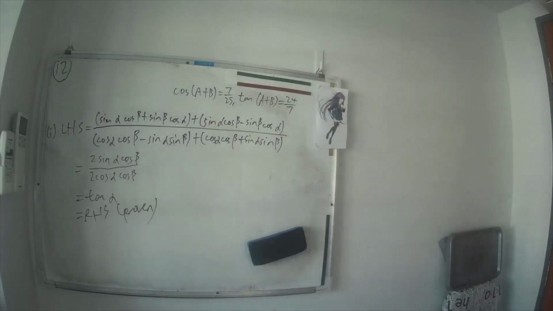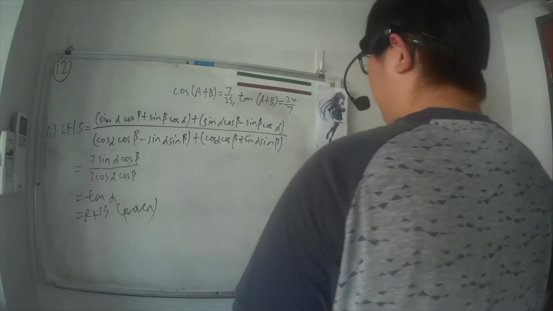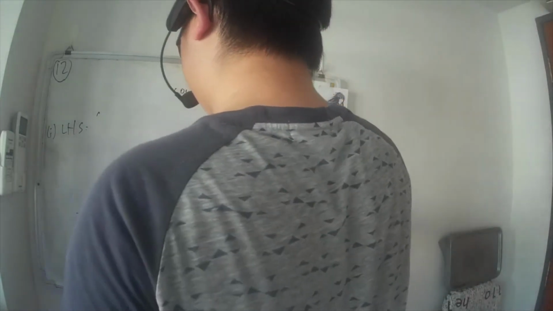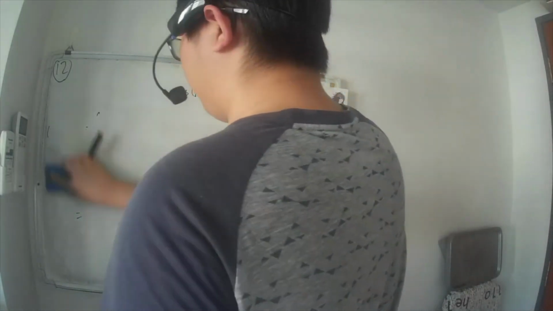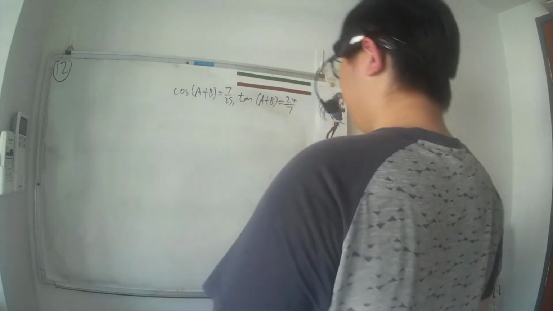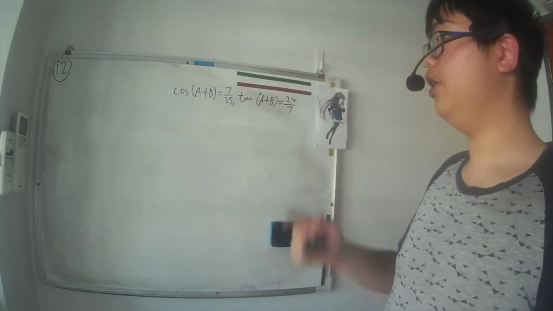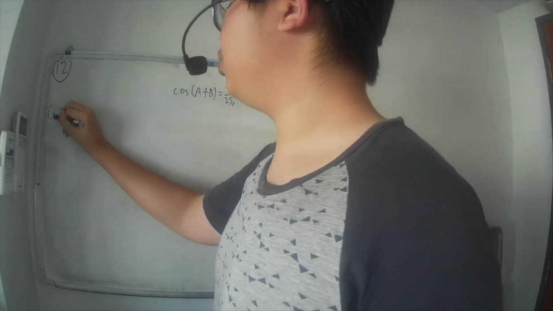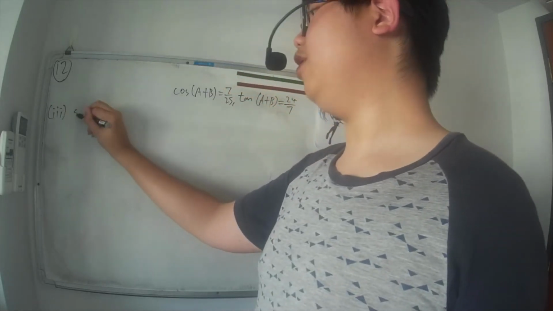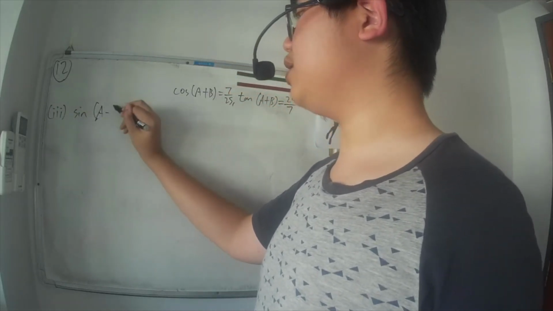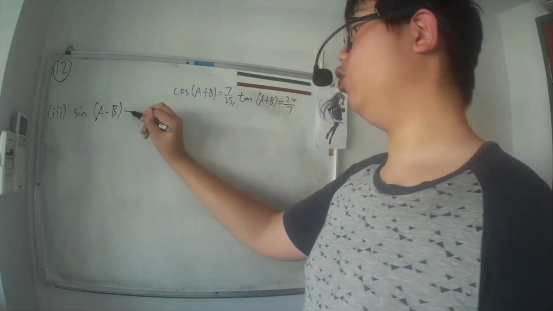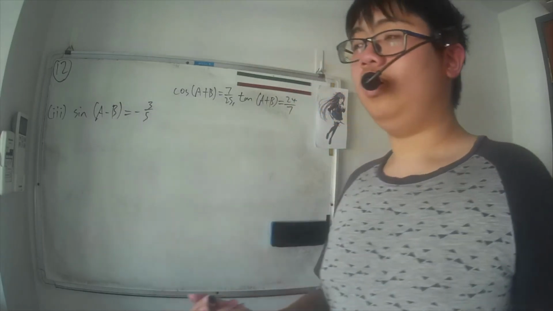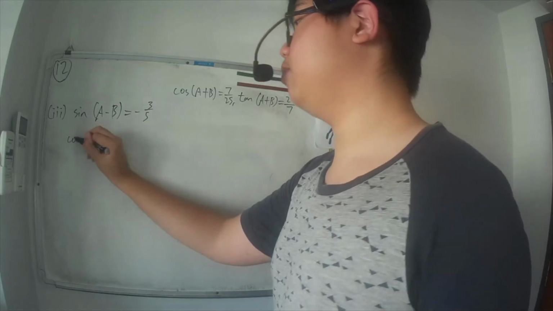Okay, so to do so, I am going to clear my board here, and I'm going to write down here. You can see that I've written stuff for your next parts. So part 3, given that sine of A minus B is equal to negative 3 over 5, what is cosine of A minus B?